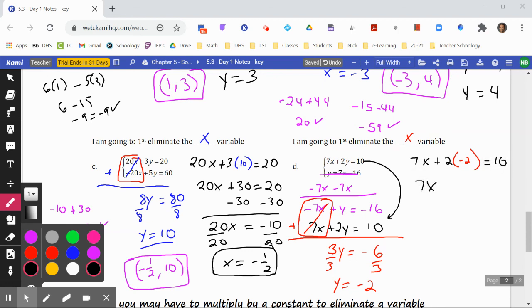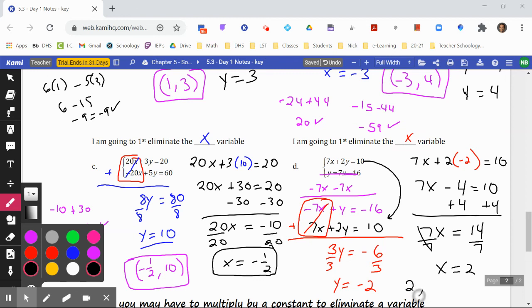So 7x minus 4 is equal to 10. We add 4 to both sides, and we get 7x is equal to 14. Divide by 7, and we get x is equal to 2. So therefore, my solution for this system is 2 comma negative 2. It's always x comma y.